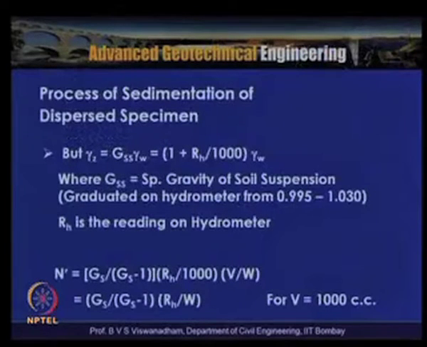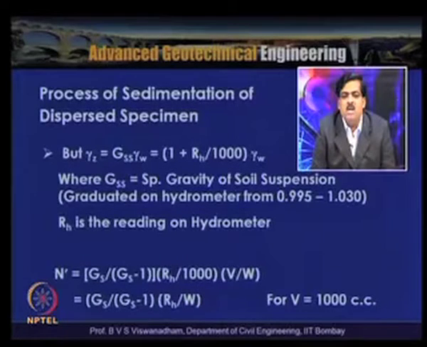For the process of sedimentation with a dispersed specimen, gamma z is nothing but GSS gamma W, where GSS is 1 plus RH by 1000 into gamma W. GSS is the specific gravity of the soil suspension, which is nothing but the graduations on the hydrometer.